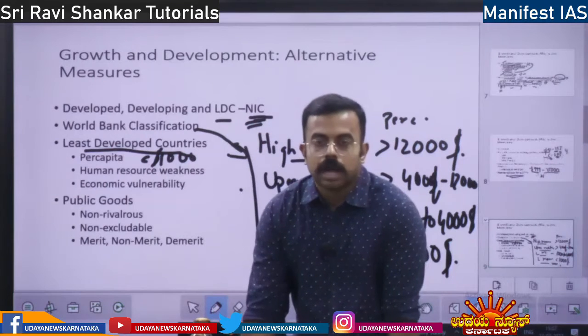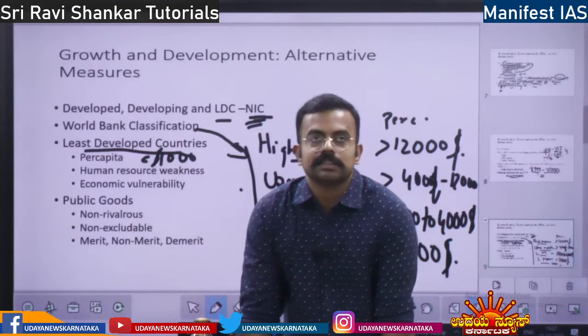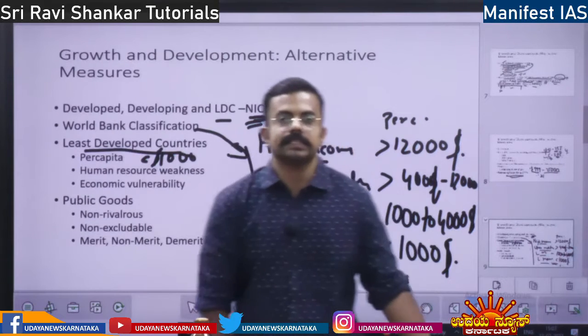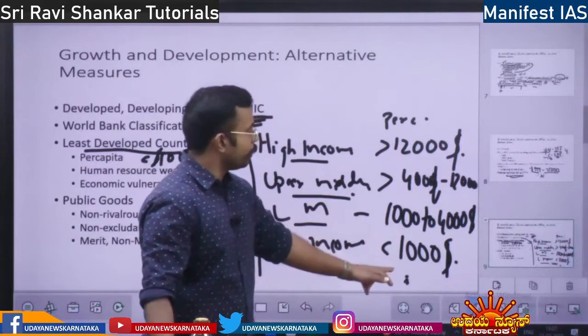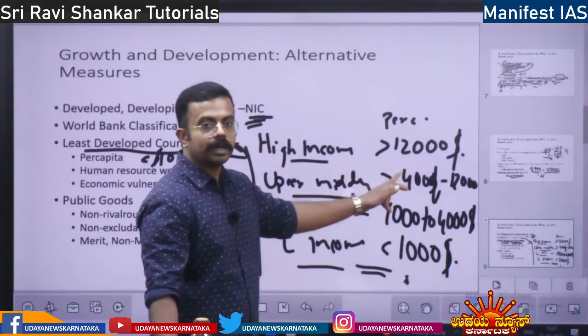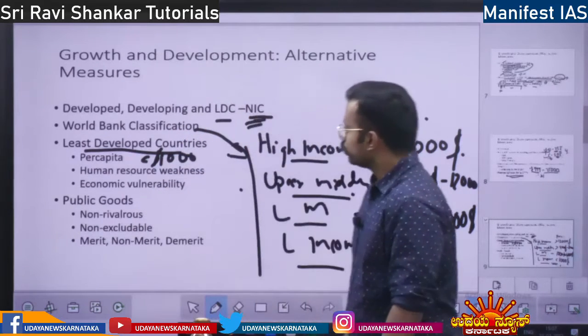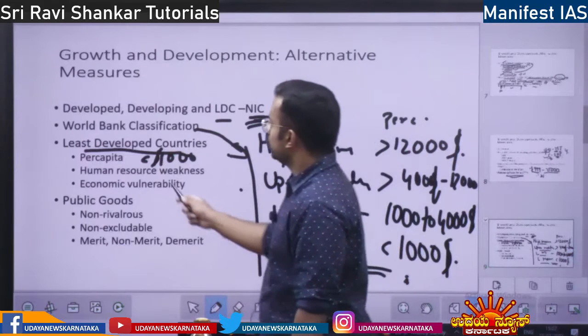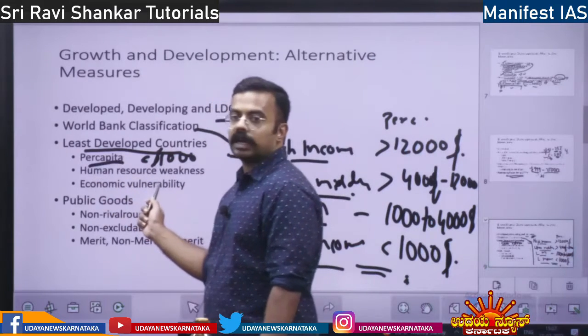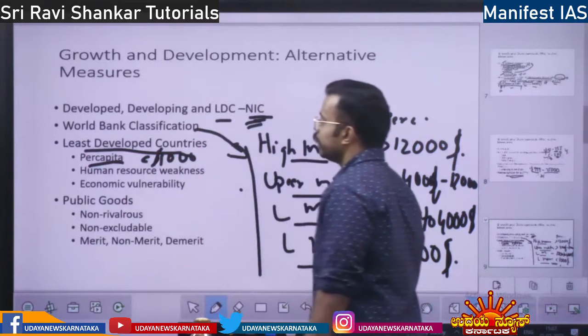The World Bank actually says some $1,032 or something, but to make it easy, I have given proper round figure numbers so that you don't get confused. So a country with less than $1,000 of income is a least developed country.